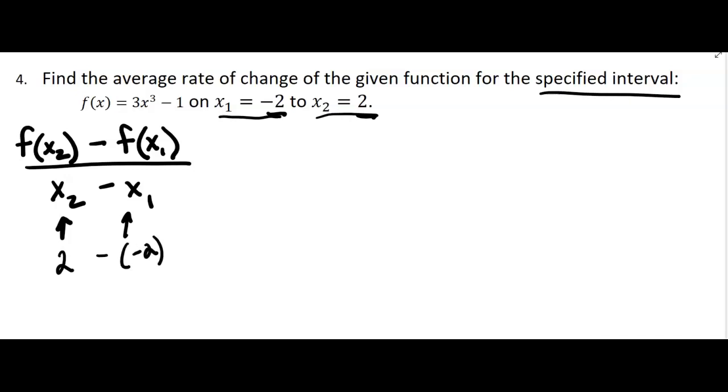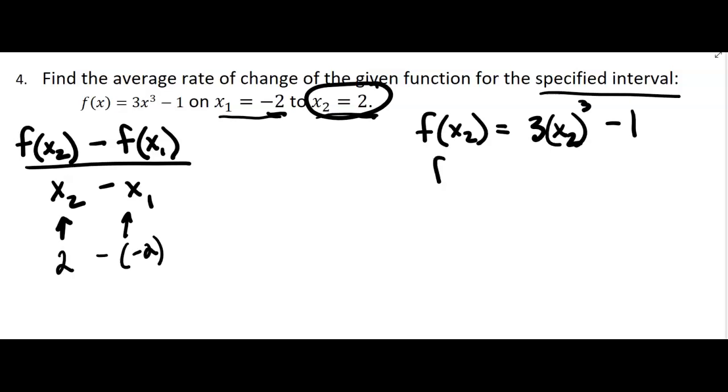But what happens in the numerator? Well, you have to find f of x sub 2. It's going to equal 3x sub 2 cubed minus 1. But you know what x sub 2 is, right? It's 2. So what we really want to know is what's f of 2. And then some people had that, but they didn't do the order of operations correctly.